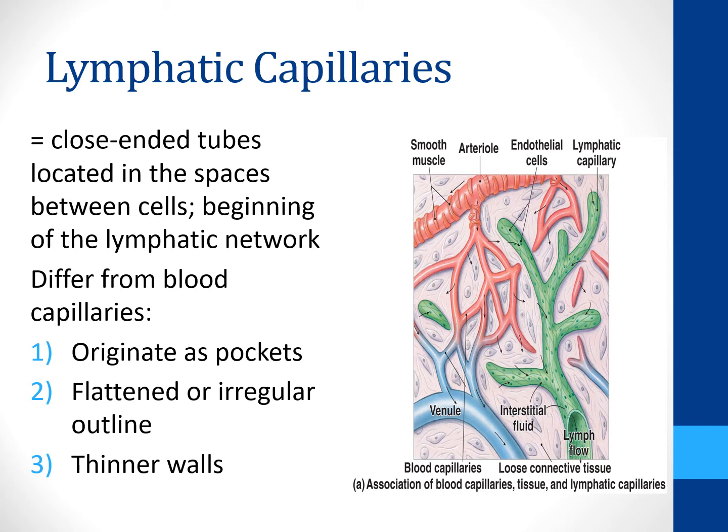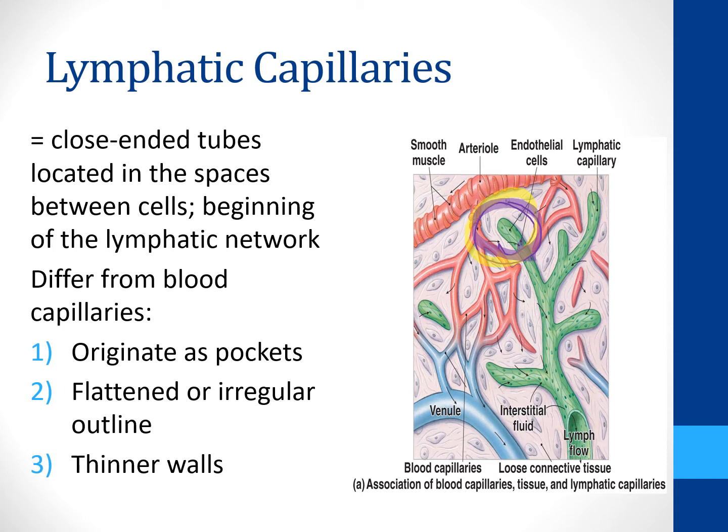Lymphatic capillaries are similar in size to our cardiovascular capillaries. However, they originate as pockets. So you can see here, maybe I'll make that bigger, they start as this pocket. They're not an open-ended tube. They're closed on one end. And so they start like that, and they're not like blood capillaries, which are open.